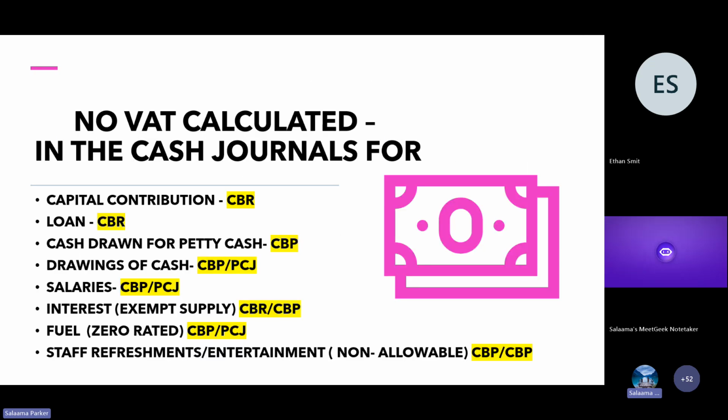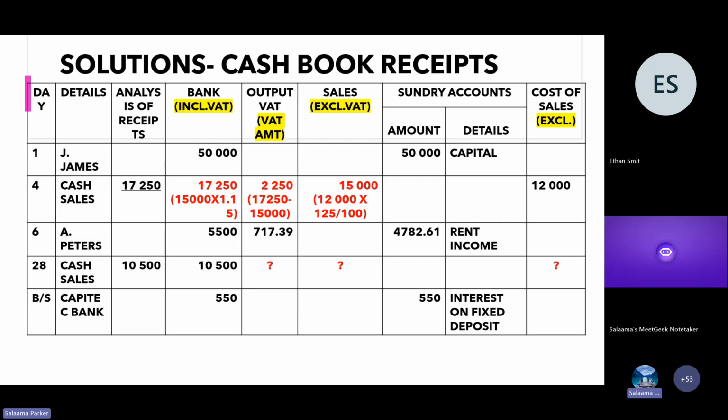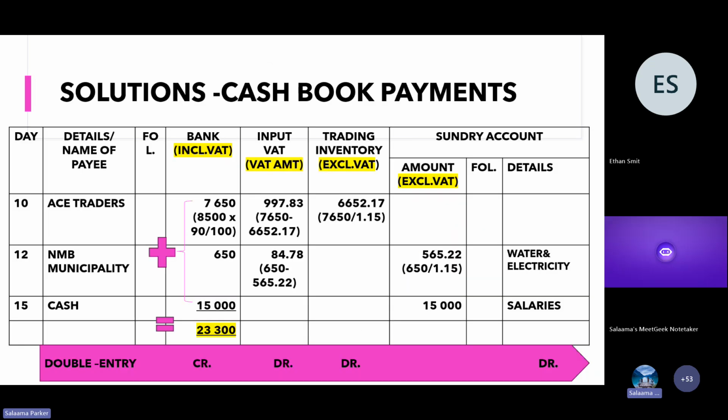Let me go back to the actual transaction where we purchased inventory and we received a 10% discount from our supplier Ace Traders. So again, the first thing we need to do is to subtract that 10% discount. Again, there are two methods. You can either use a long method or a short method, but both methods should get you to the same answer.